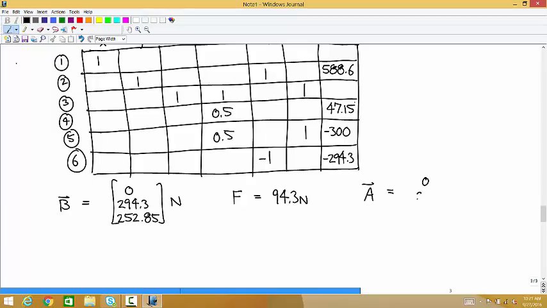And then 294.3 and negative 347.15. Any questions about that? So notice that in 2D you have 3 equations. Solving that by substitution isn't too bad, but switching to 3D, you just probably want to write it out as a matrix. You don't want to be doing a system of 6 equations by hand.